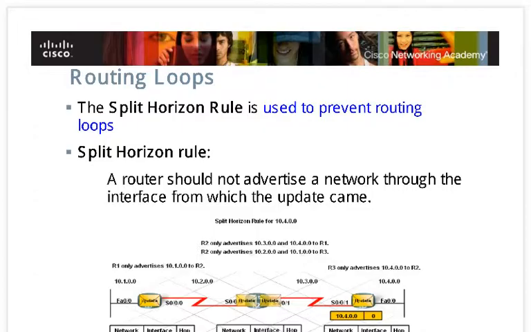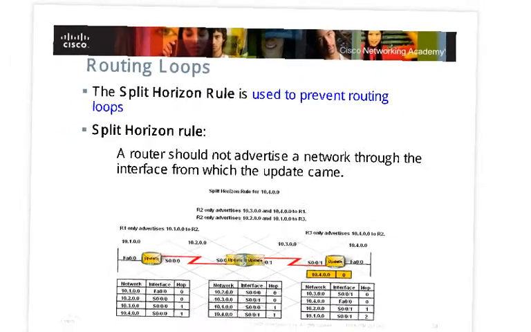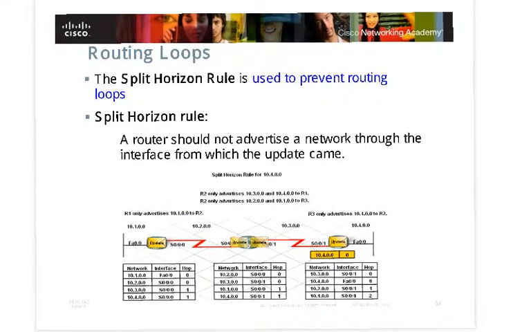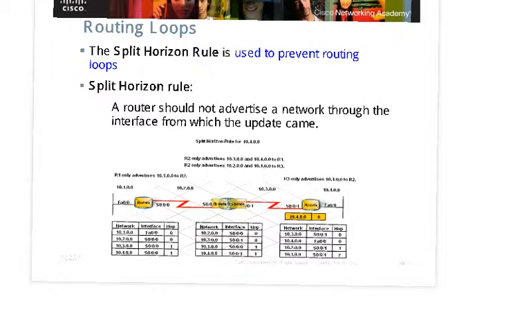Another technique relies on the fact that the origin of the problem of routing loops was that I allowed router 2 to update router 3 with a destination network which is connected to router 3.